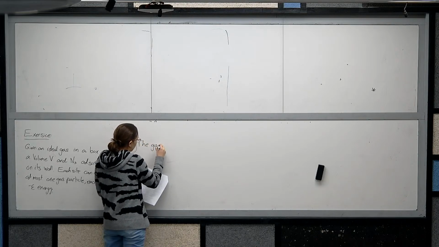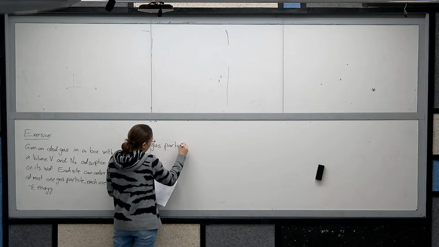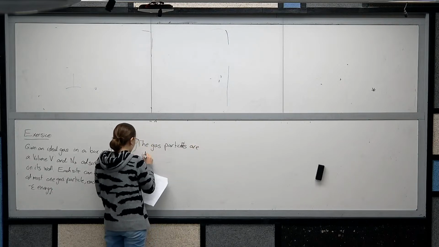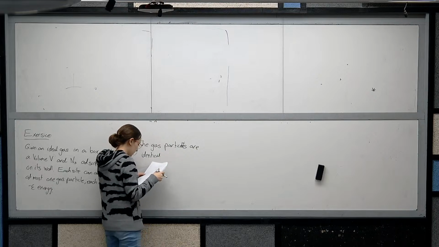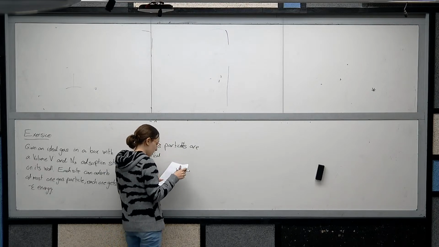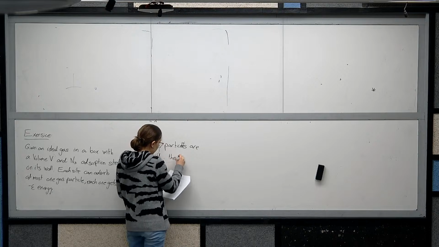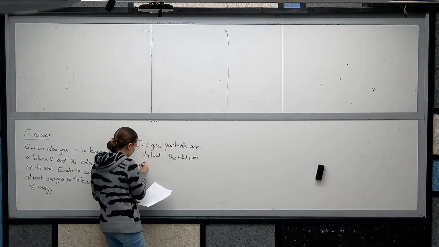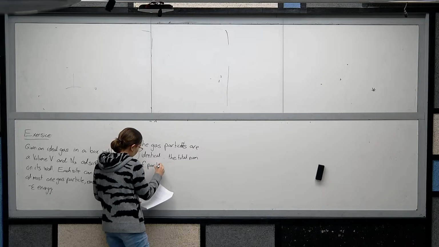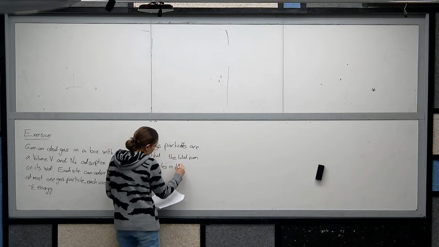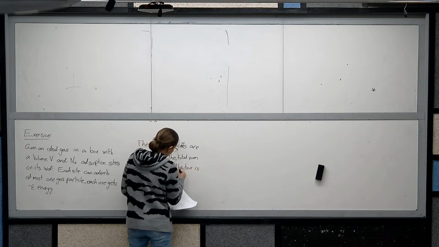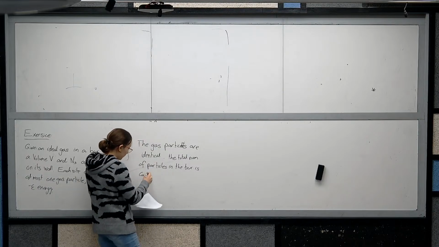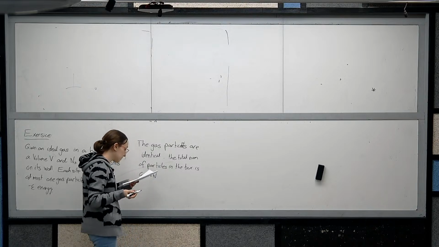So the gas particles are identical. And the total number of particles in the box is constant, and equals some m, some parameter.